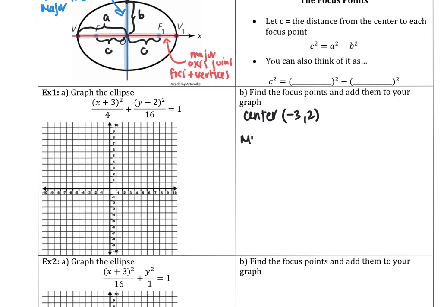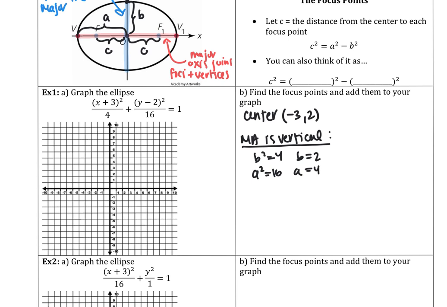And I know that the major axis is vertical. a squared is going to be larger than b squared every single time. So if you see the larger number underneath y, that tells me it's a vertical ellipse. If you see the larger number underneath x, that tells me it's a horizontal ellipse. So in this case, I have b squared equaling 4, and therefore b equals 2. And I have a squared equaling 16, therefore a is 4.